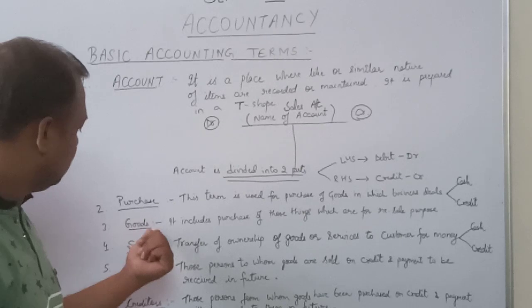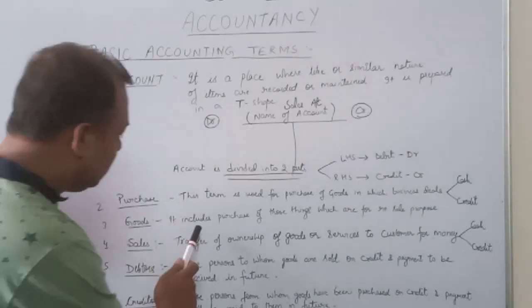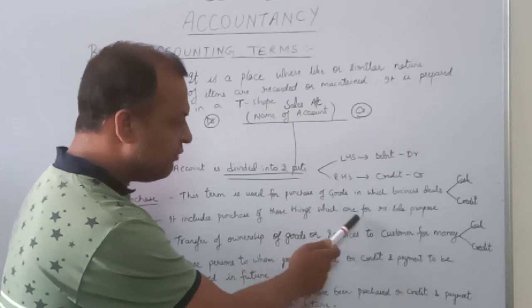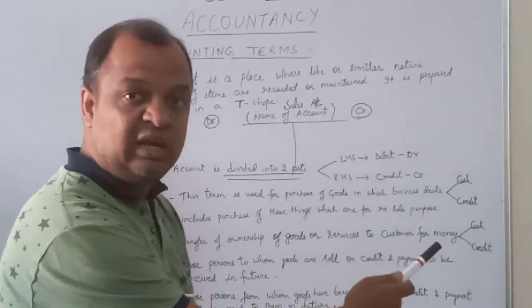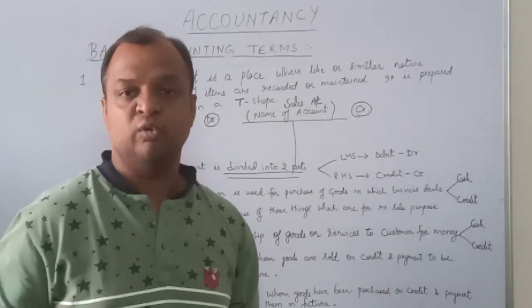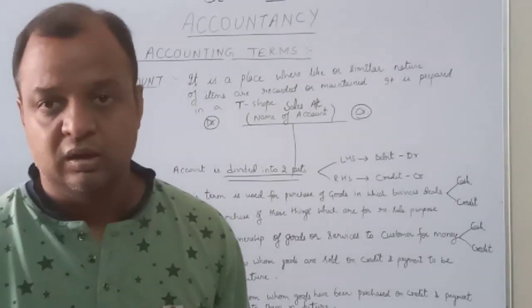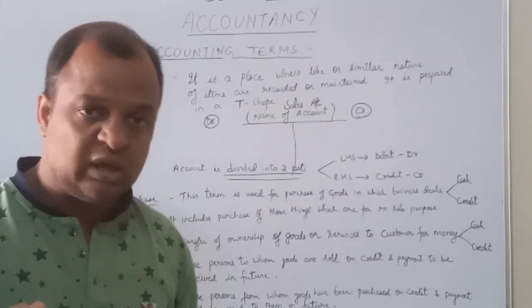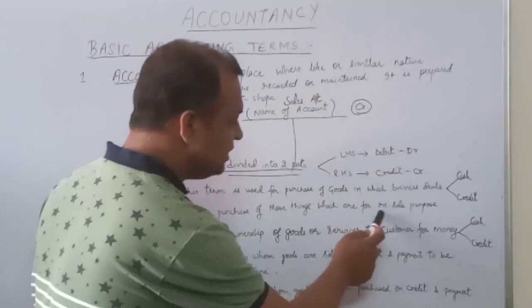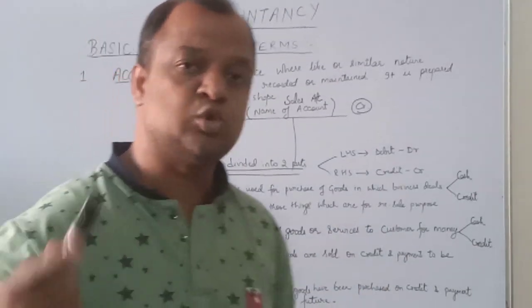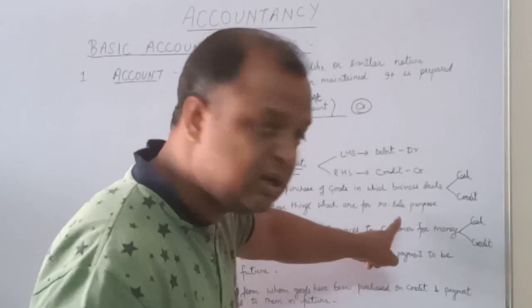Next term is goods. It includes purchase of those things which are for resale purpose. Any item as a manufacturer, if I am preparing, that will be sold in the market. So anything which is sold in the market is resale. Goods purchased and when it is being sold, that is said as resale.